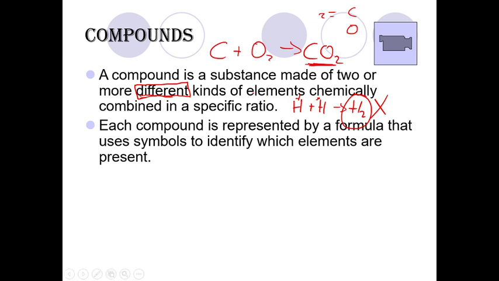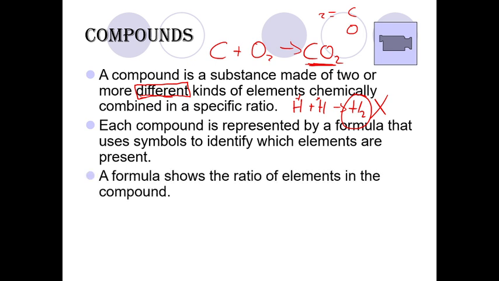Each compound is represented by a formula that uses symbols to identify which elements are present. In CO2, for example, there's carbon and there's oxygen. A formula will also show you the ratio.